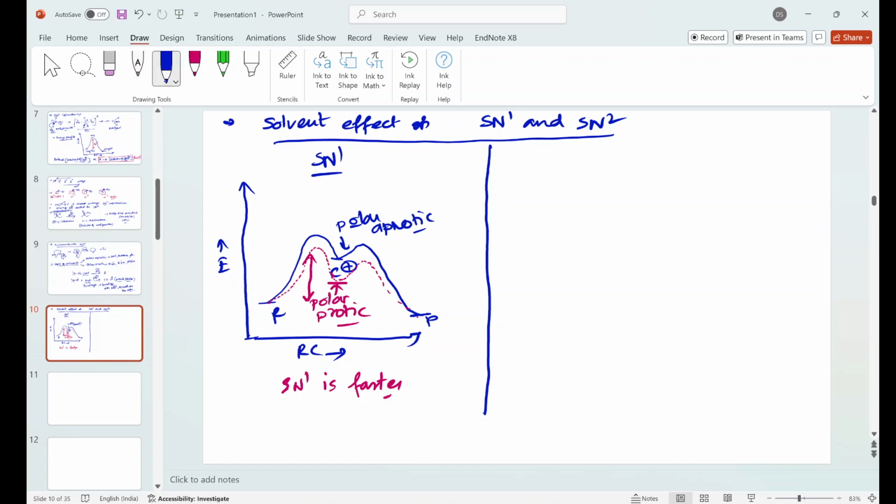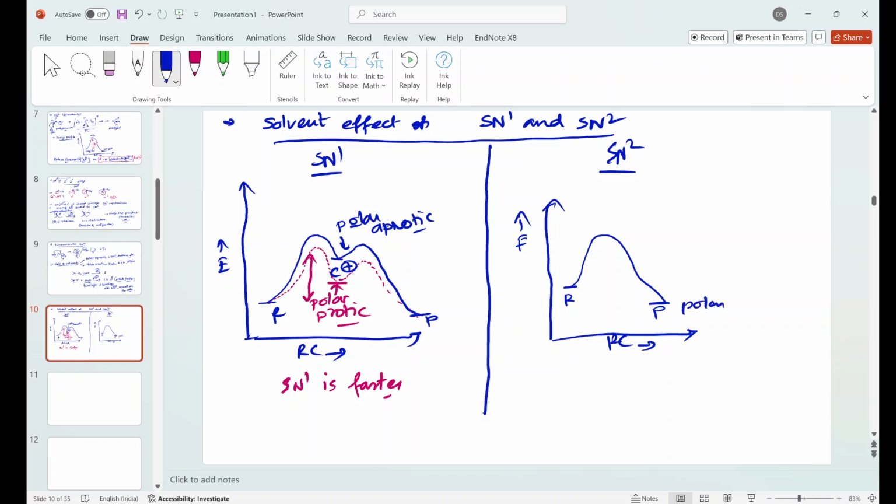Compared to this, if you go to SN2, energy and reaction coordinate will have reactant and product. It is going like this. This is polar aprotic.